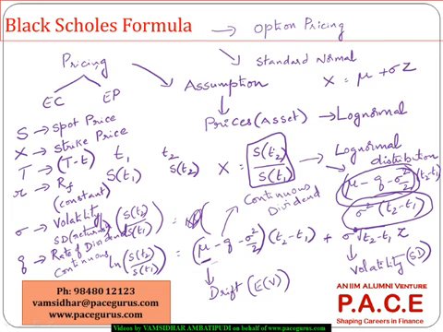So the logarithm of this is going to be a normal random variable, and I can express that normal random variable in the form of a standard normal variable using a mu plus sigma z kind of mechanism. That is what is going to come out of this process.